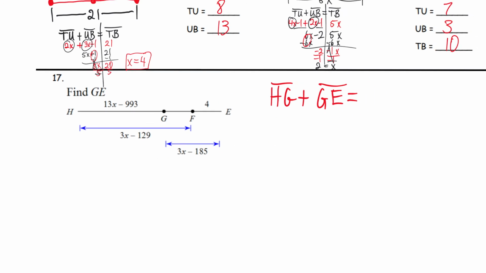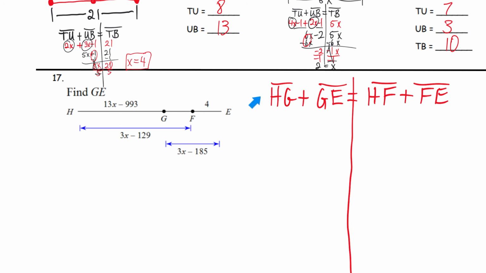Also, if I take HF, from here to here, and put that together with FE, that also represents the length of the whole thing. That sets up an equation of a true fact, that this is equal to this, because each equals the length of the whole thing. Now I can use that to help me find the value of x.